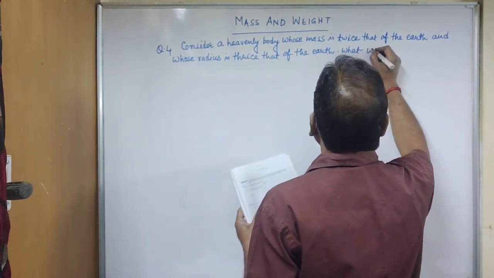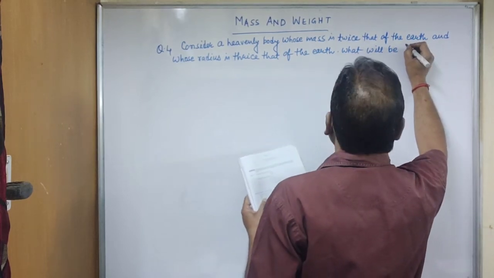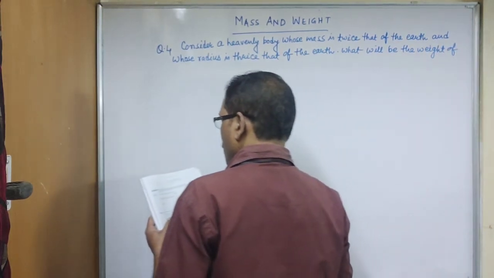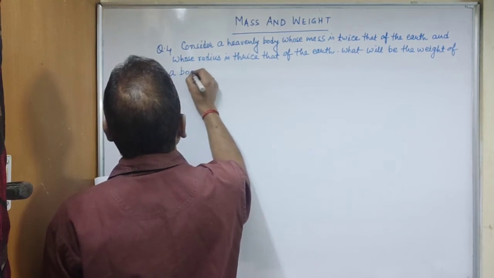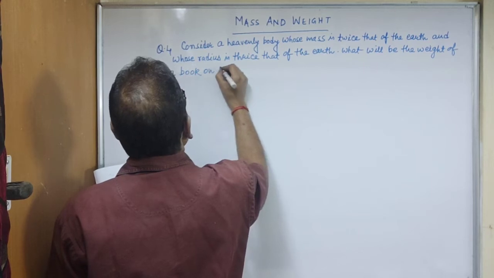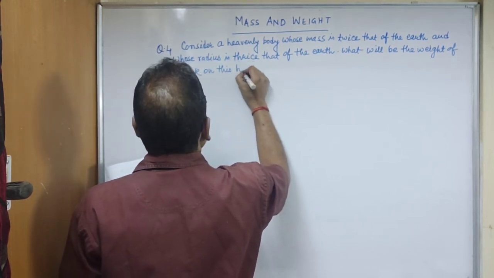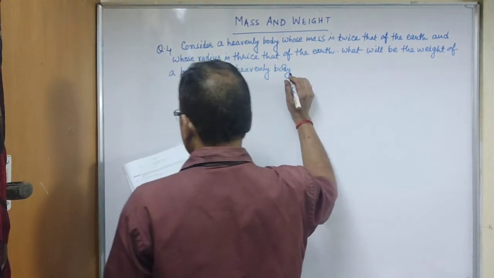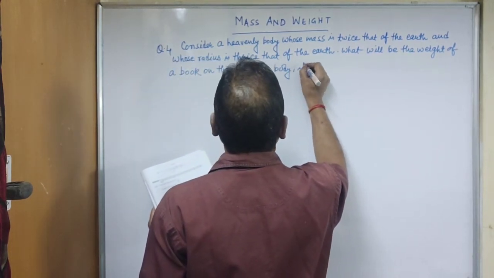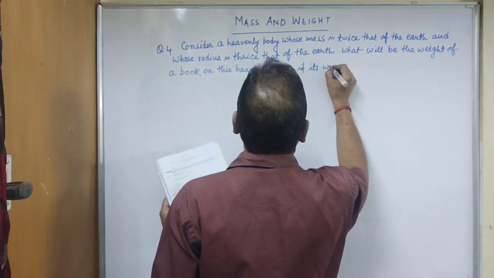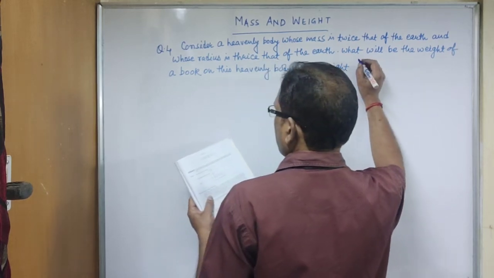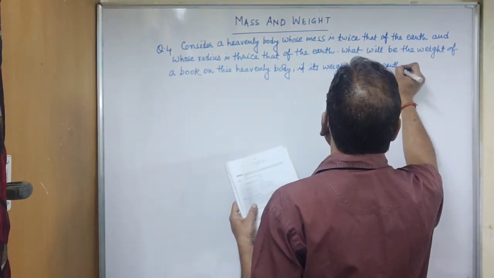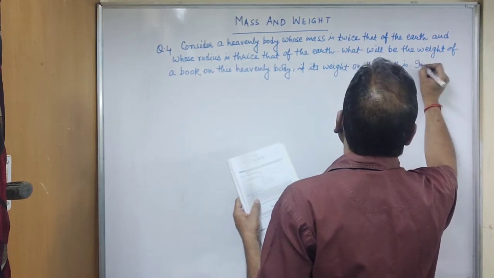What will be the weight of a book on this heavenly body if its weight on the earth is 900 Newton?